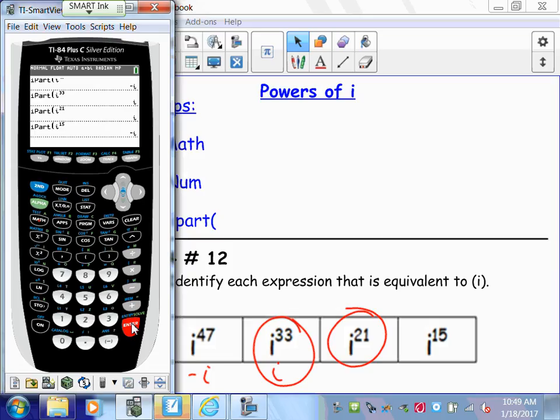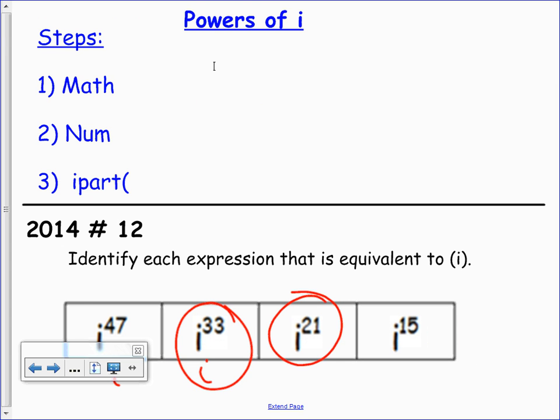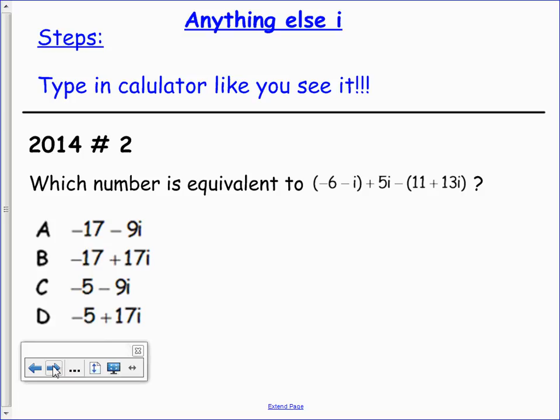Sweet. All right. Does anyone have any problems with the calculator yet? Everyone's calculator working? Oh, good. Because literally, you can type in I problems. Take a look at this next one. Type that in just like you see it, parentheses and everything.